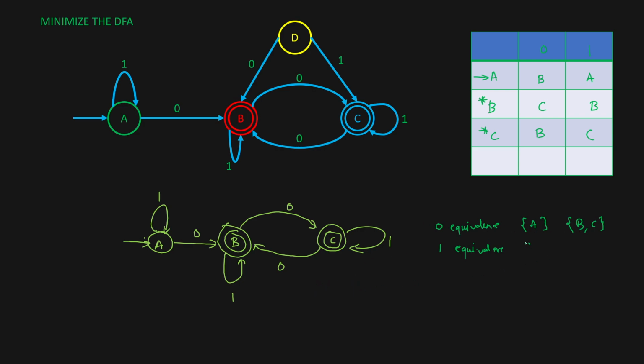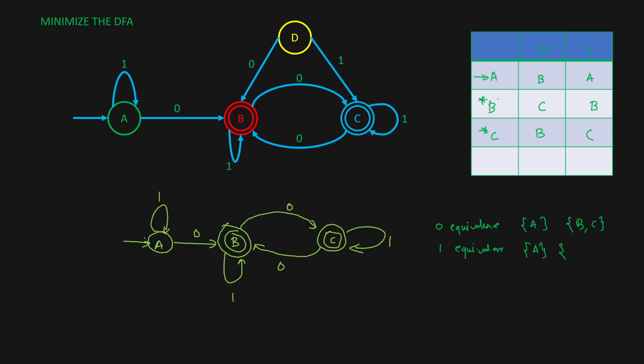Let's look at an example. As state A has nothing to compare it with, we'll check the equivalence of B and C. Let's say you are in state B. You get input 0, you go to state C. Is state C part of this set? Yes, it is. What about state C? You get input 0, you go to state B. Is it part of this set? Yes, it is. That's why on getting input 0, they are 1 equivalent. What about input 1?